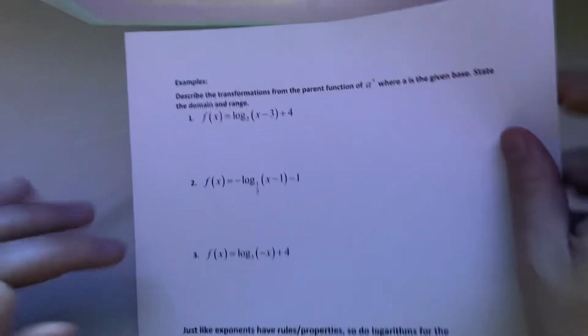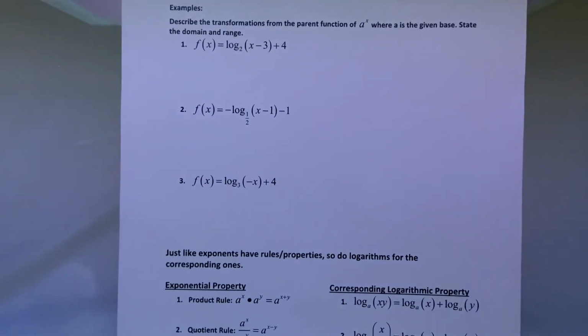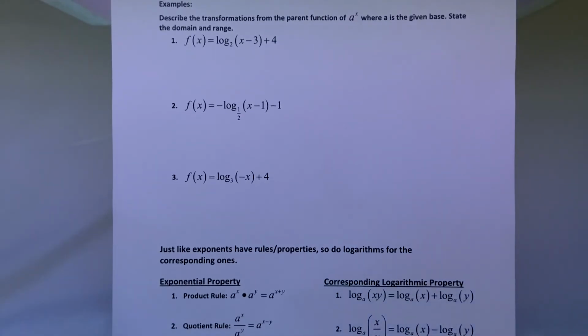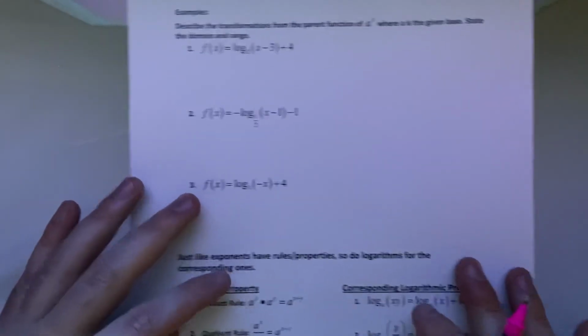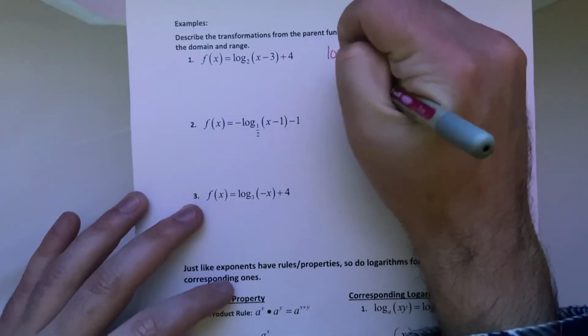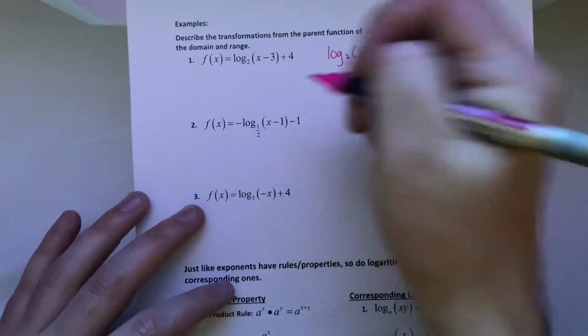Similar to the way we had transformations for the exponentials at the very beginning of this video, we have transformations for the logarithms. So again, your parent function here is log base of the number of x based on what you see. So starting from log base 2 of x, what's actually happening here?